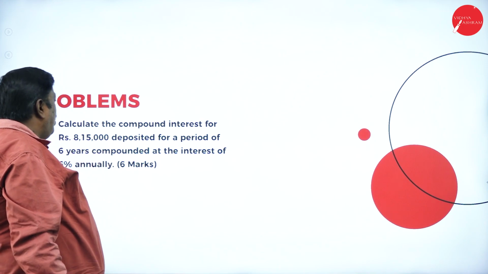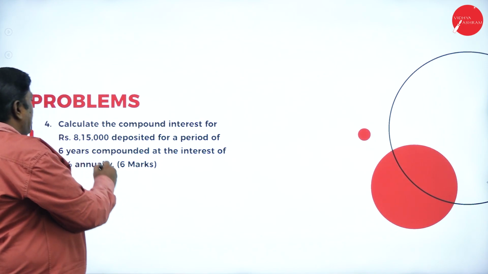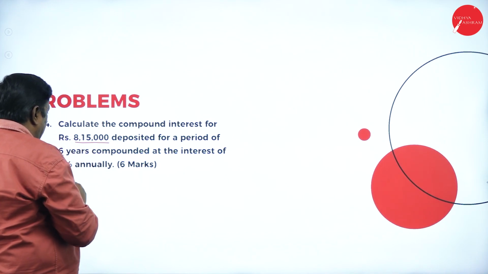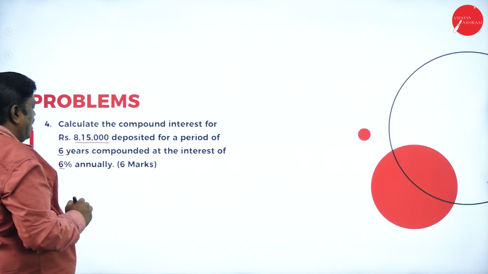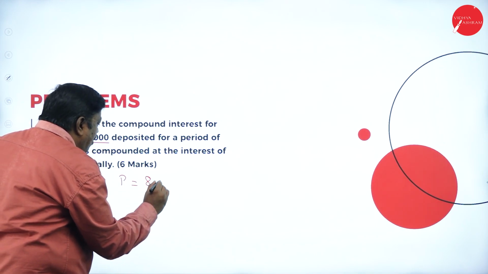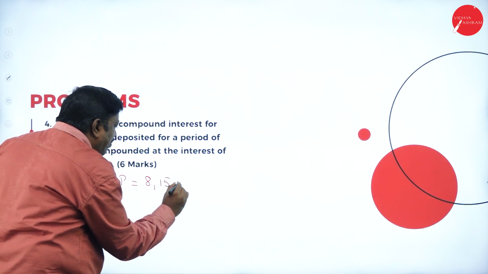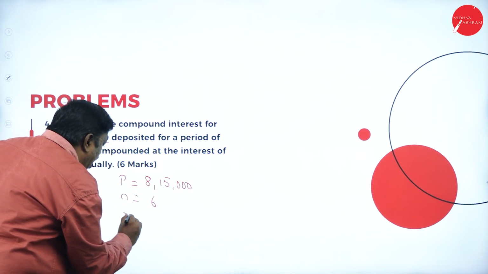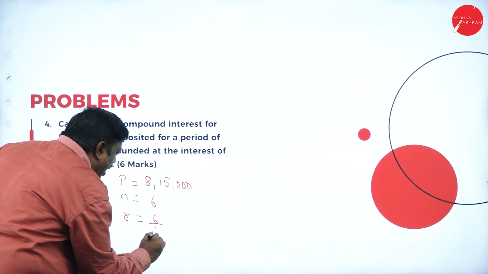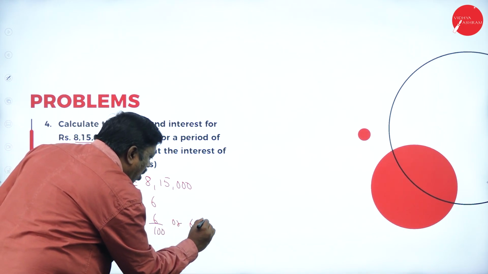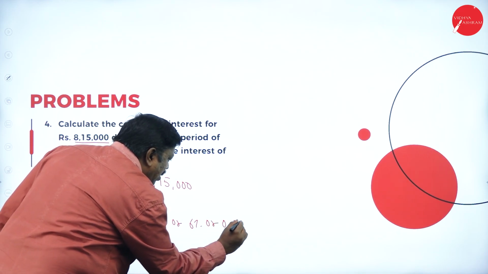Now, the fourth one we have here. The principal amount is 8,15,000. The period is 6 years and the rate of interest is 6%. Principal is 8,15,000 and N equals 6 years. R equals 6 by 100, or 6%, or 0.06.